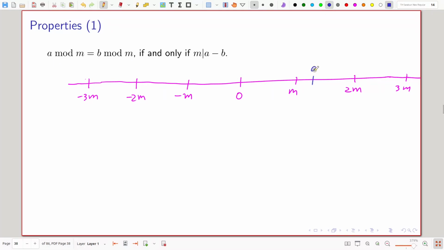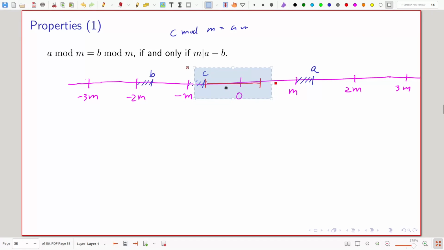So if you have two numbers where A mod M equals B mod M, it's going to be like this. Maybe this is A and B is this. Or let's say you have C mod M equals A mod M as well. So C might be this one. You can see that if the remainder after modding by M is the same, they differ by a multiple of M, right?